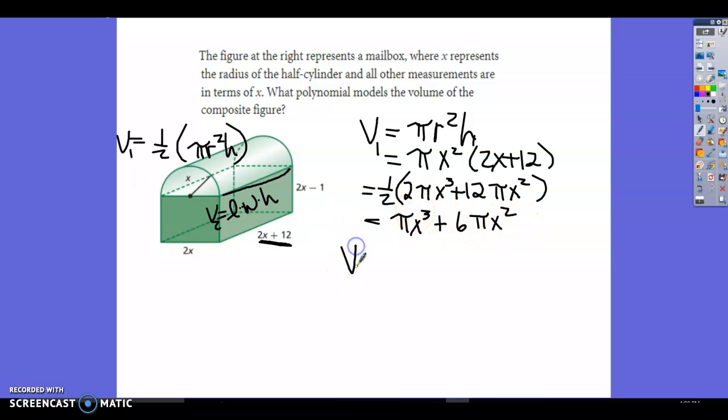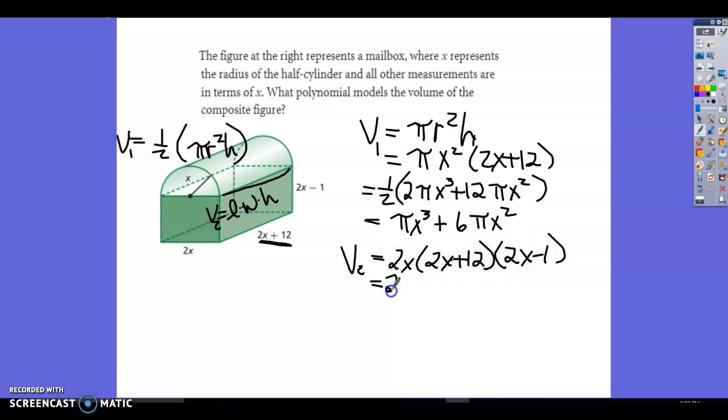All right, so now let's look at volume 2, which is the length times width times height of the base of the mailbox. So we're going to have 2x, we're going to have 2x plus 12, and we're going to have 2x minus 1. All right, so multiplication is commutative and associative, so I'm going to multiply these two binomials first.